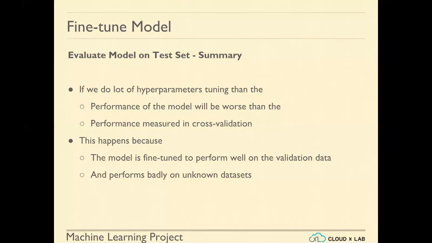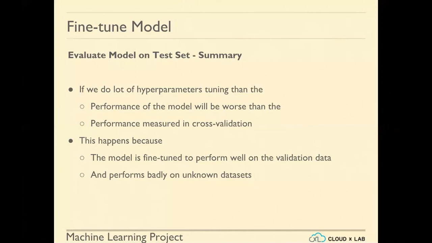This is another important part. Sometimes we fine-tune it so much that it becomes specific to the validation data. So hyperparameter tuning does not give you a magnitude of improvements, okay?